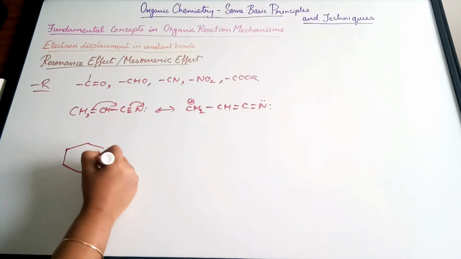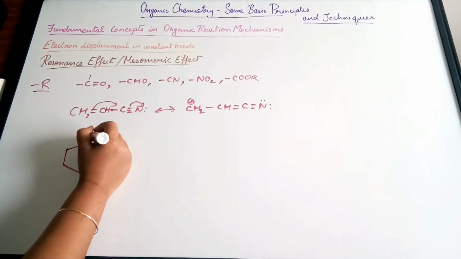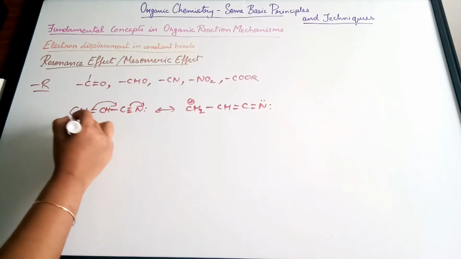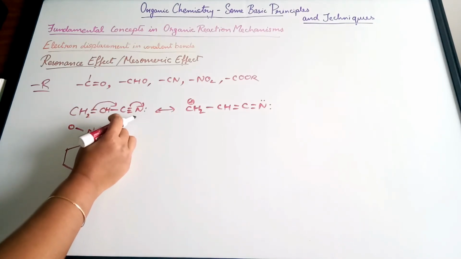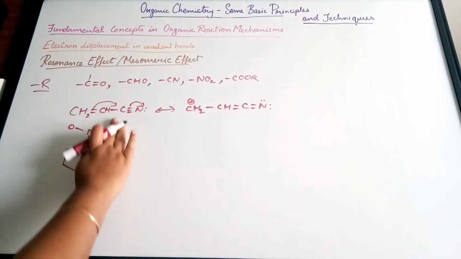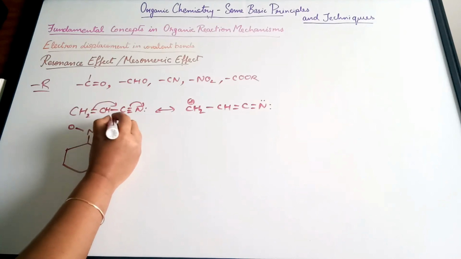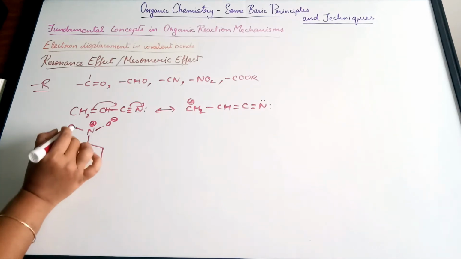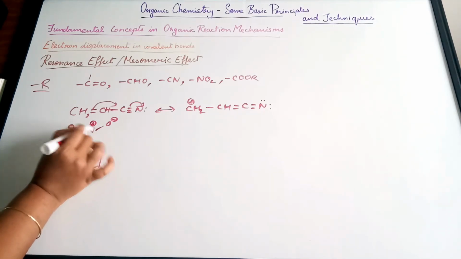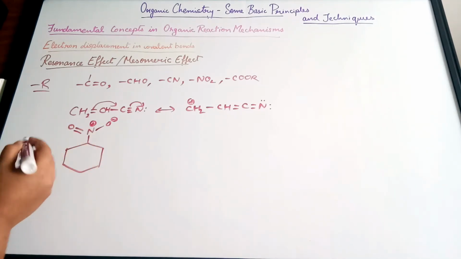So let's start. Here you have a single bond, nitrogen bonded to oxygen, this is bound to another oxygen, and so here you have a single bond, so this oxygen has a negative charge, nitrogen has a positive charge because it has 4 bonds around it.